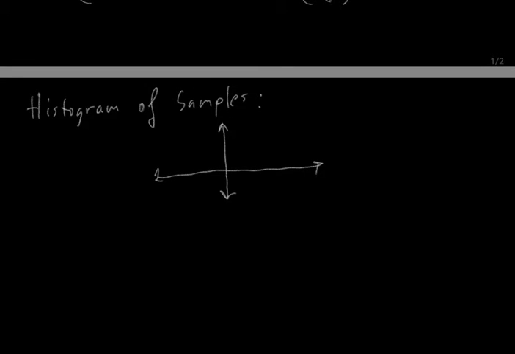And so if we were to make a histogram of these values, so right here, let's make a histogram of samples. I'm going to put 1, 2, -1, then -2.